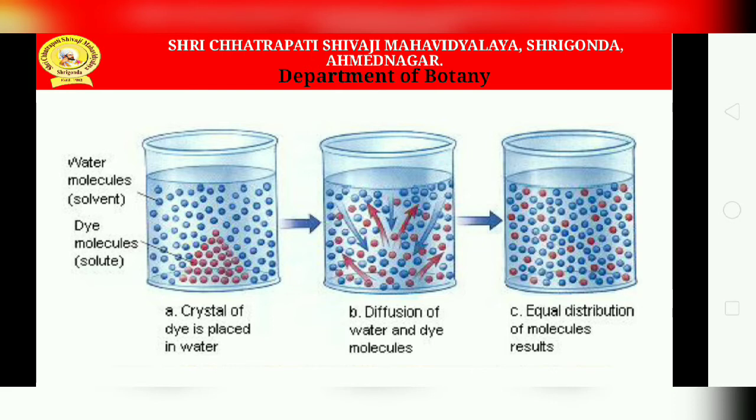In the second beaker the dye dissolves in the water, and a net movement of dye molecules occurs, while water molecules move in the opposite direction as well. In the third beaker the water and the dye molecules are equally distributed throughout the beaker. So this is known as diffusion.